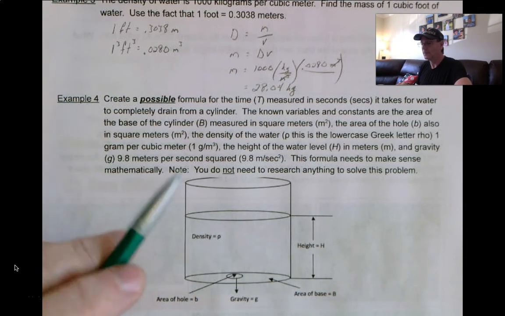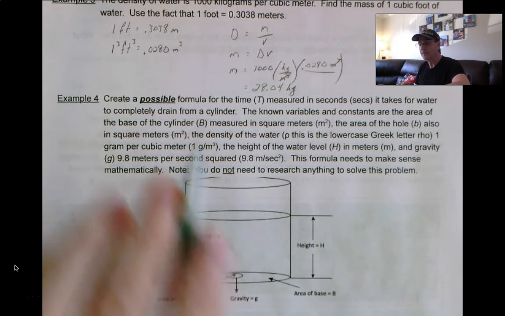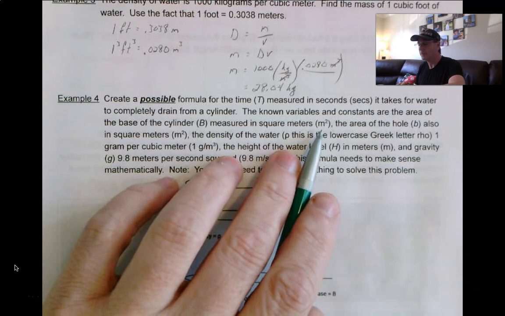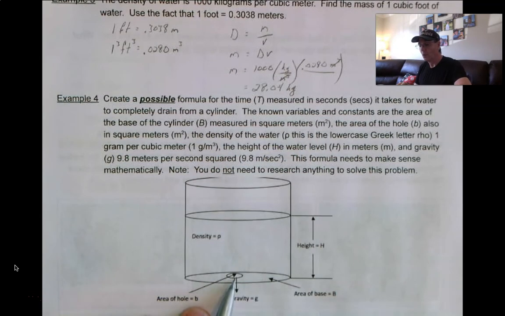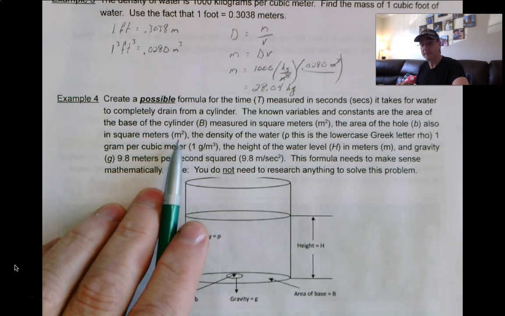What do we know? The known variables and constraints are the area of the base of the cylinder, capital B, measured in square meters. We know the area of the hole, little b, measured in meters squared again.